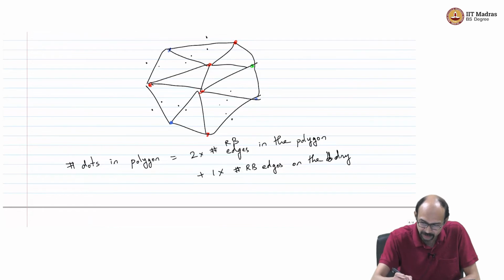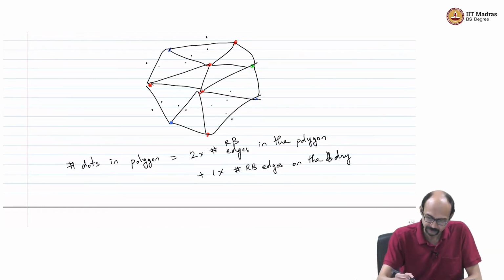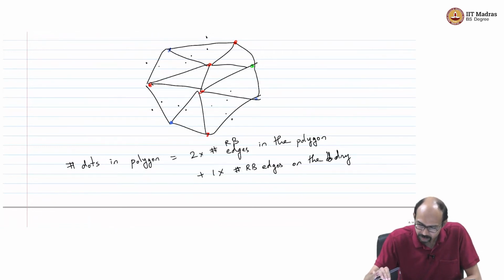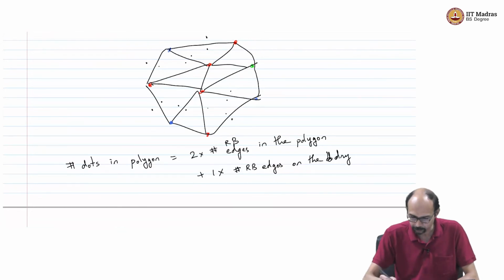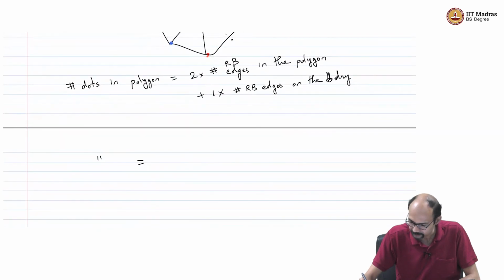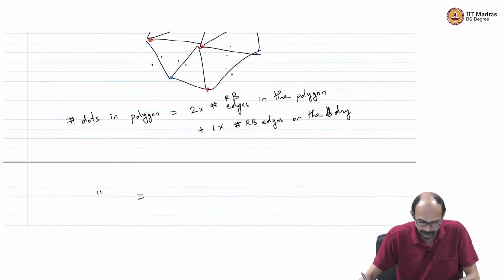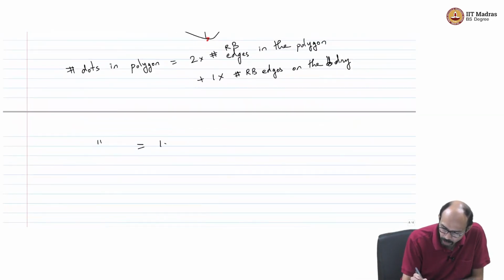For example, this triangle here has 2 dots. Yeah, this is my pointer, I was wondering why there was a dot over there. So a red, blue, green triangle has 1 dot.